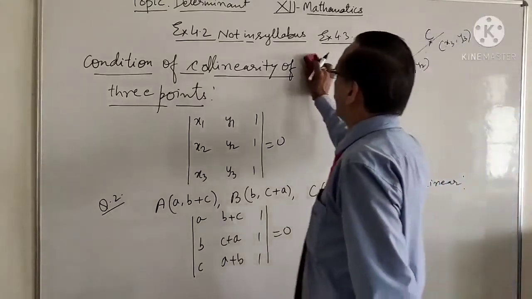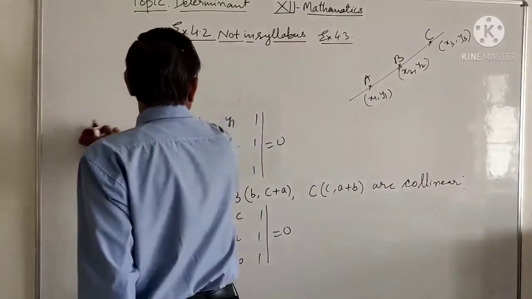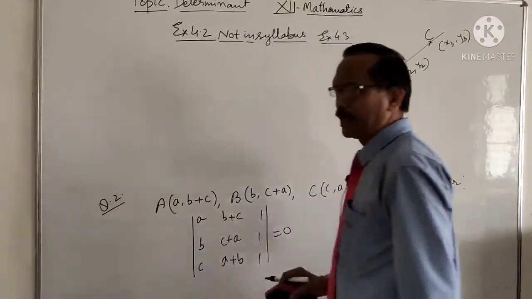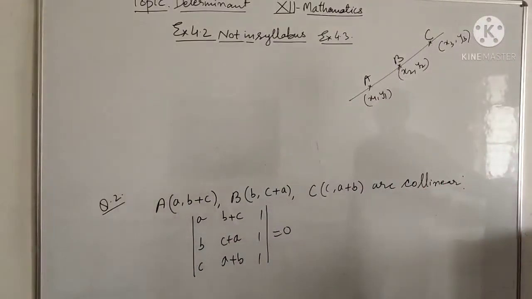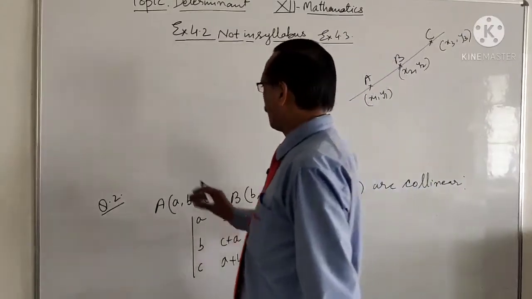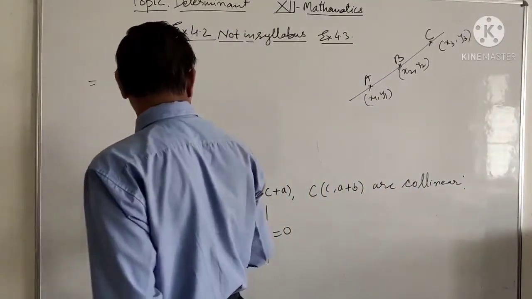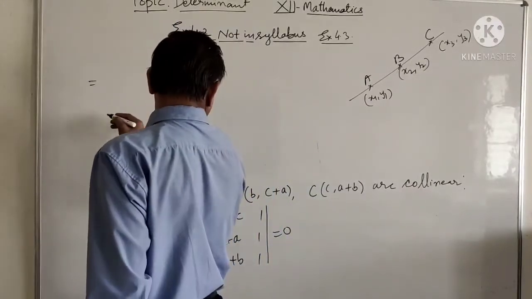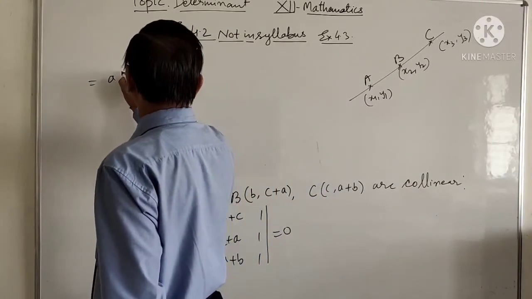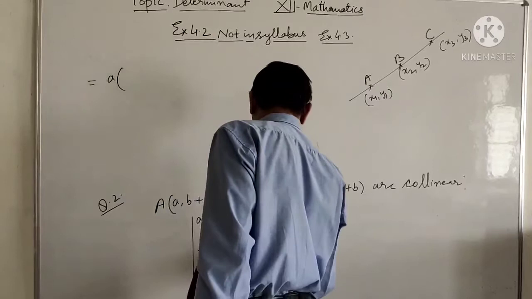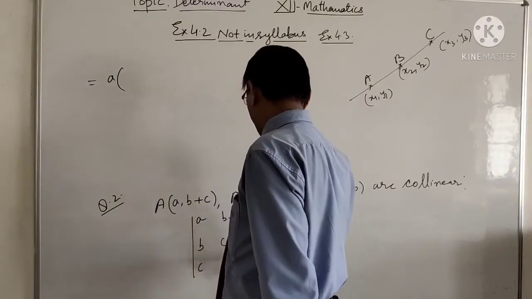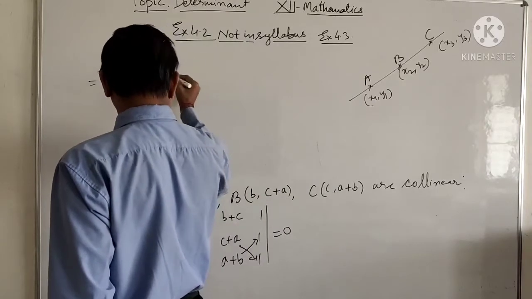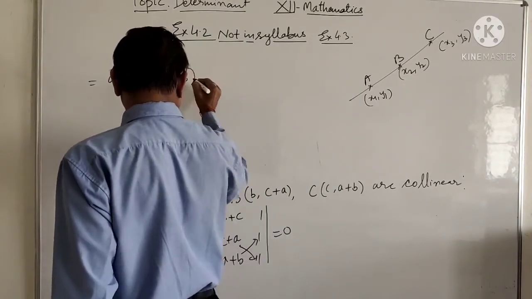Now we expand it. Actually, properties of determinants are not in the syllabus. If we apply the property, then it becomes very simple, but the property is not in the syllabus, so we will expand it. Then it is a into (c plus a) minus (a plus b).